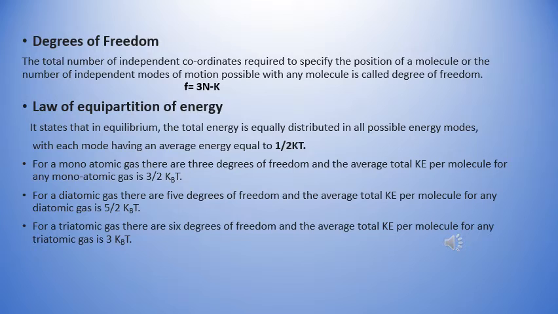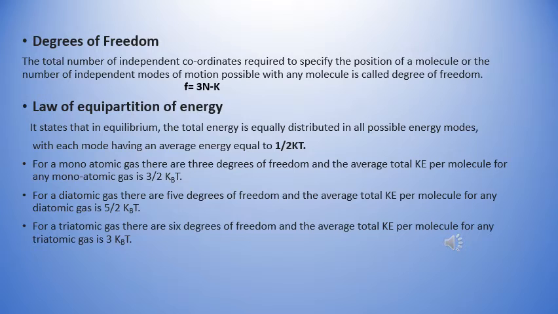So the total degrees of freedom is 5 for a diatomic gas, while for a triatomic or polyatomic gas, the number of degrees of freedom for non-linear molecules is 6.